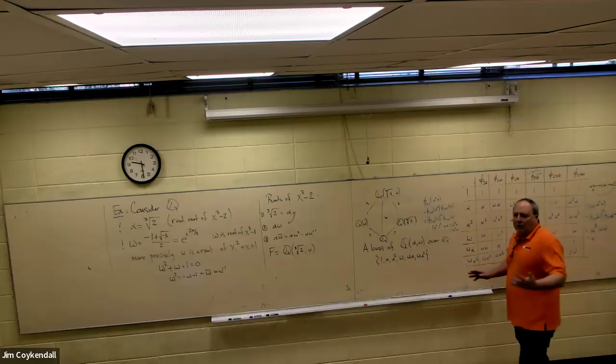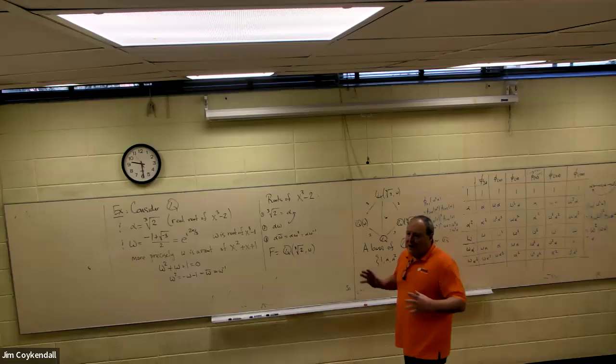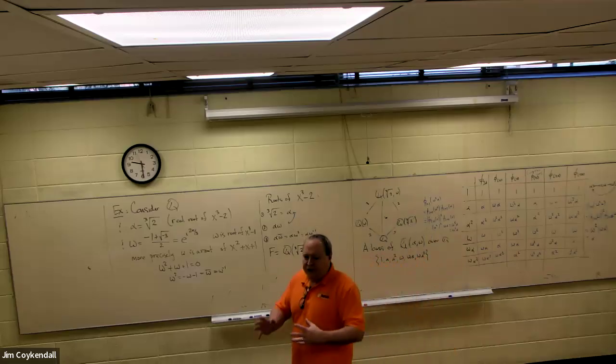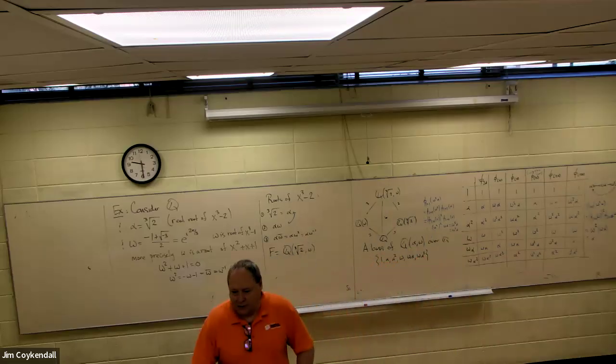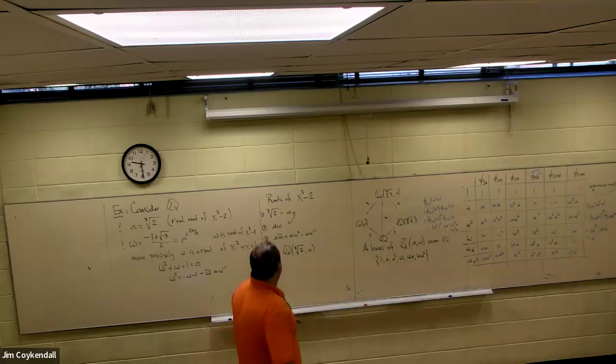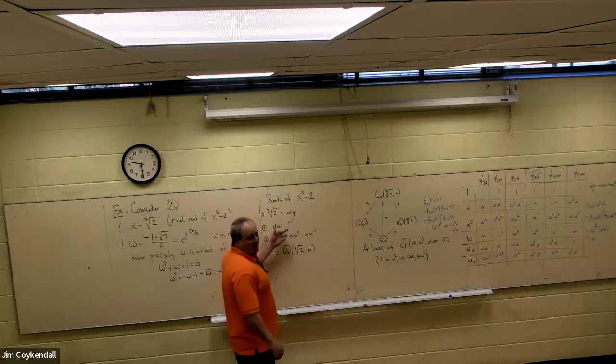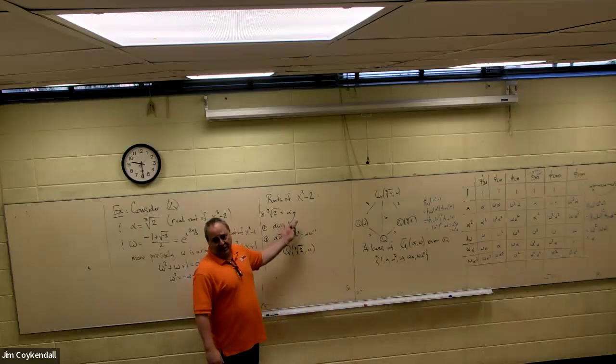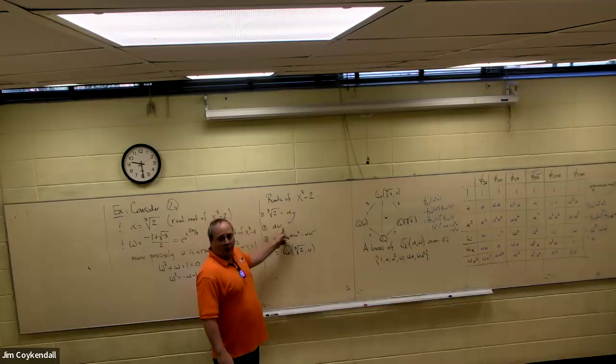But notice every automorphism induces a permutation of the roots. And once I tell those roots where to go, that gives commands there. If I tell all three of these out, in fact, I only need to tell two of them where to go, and that's enough. Once I tell two of them where to go, it tells me where the third one has to go.